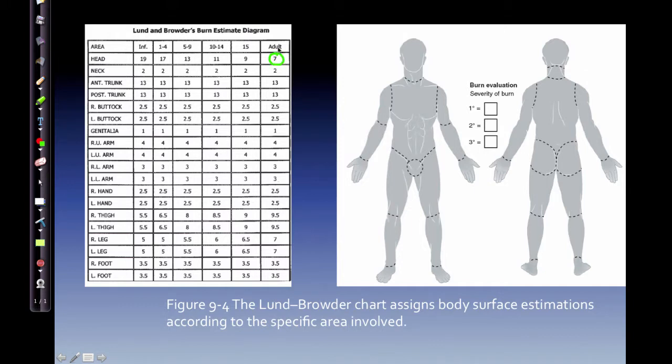This is why sometimes we come up with different numbers using the rule of nines than what the Burn Center comes up with, because they use what is called a Lund-Browder chart. It evaluates first-degree burns, second-degree burns, and third-degree burns according to this calculation.